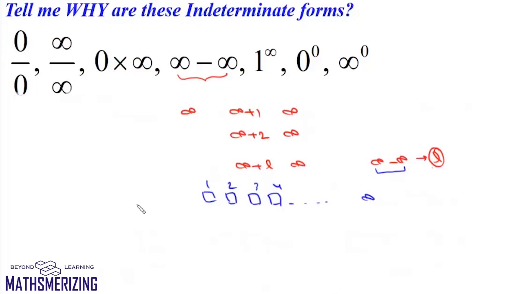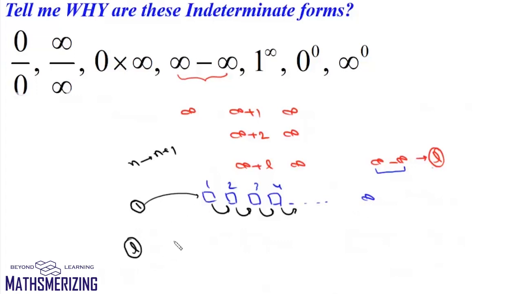Now suppose a new guest arrives at the hotel. To accommodate this guest, the manager asks every guest to change their room number from n to n plus 1. So 1 goes to 2, 2 goes to 3, 3 goes to 4, 4 goes to 5. Now room 1 is empty, and we can accommodate the new guest in this first room. Now suppose we have L new guests.